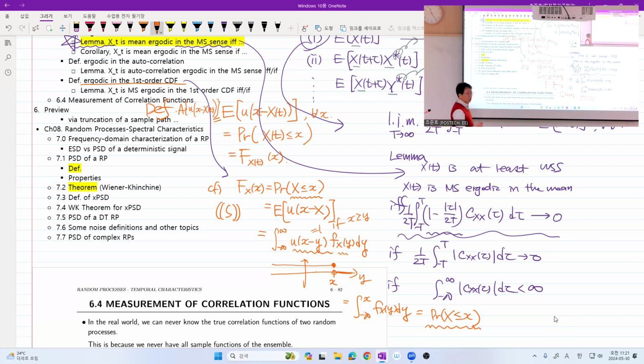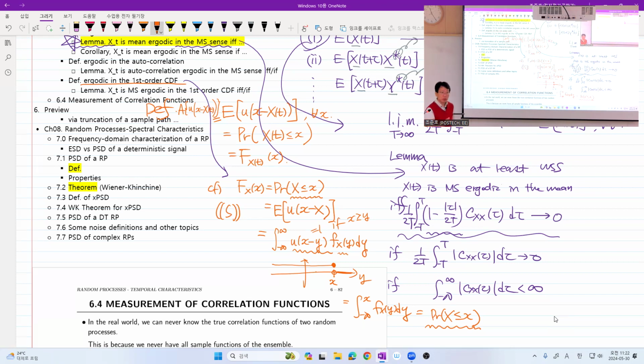Now, the final question would be, how can we estimate the covariance function given a single sample path? Last time I didn't fully motivate why we had that last section entitled measurement of correlation functions.